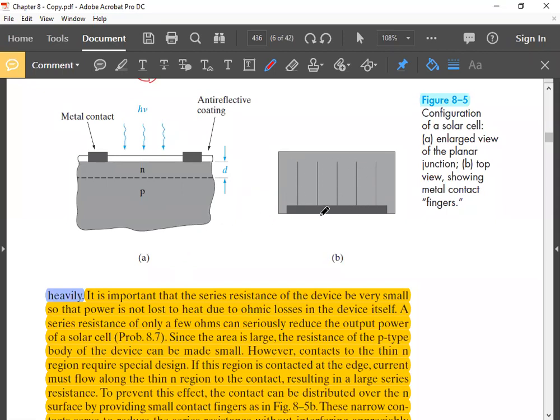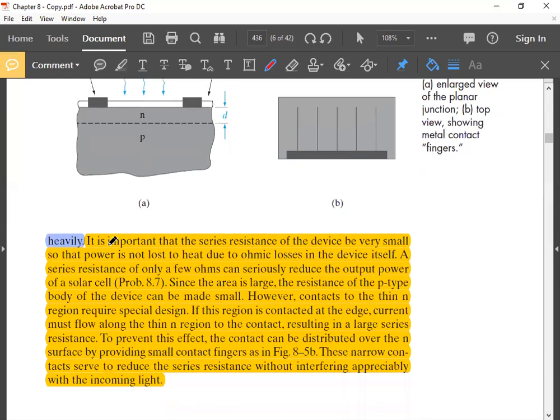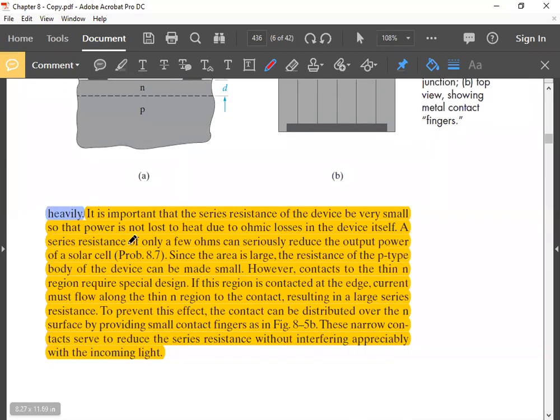So this kind of contact arrangement is required on the N side. On the P side, since light is not coming from the P side, the whole surface can be coated with metal to make the contact. So that is the fifth consideration.